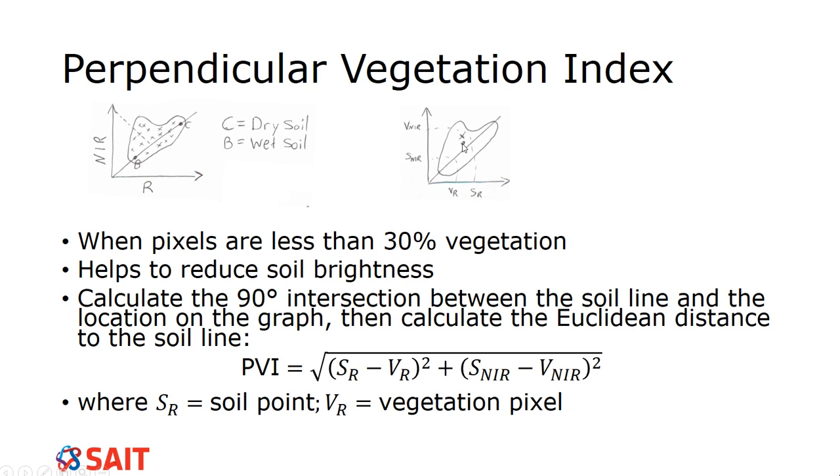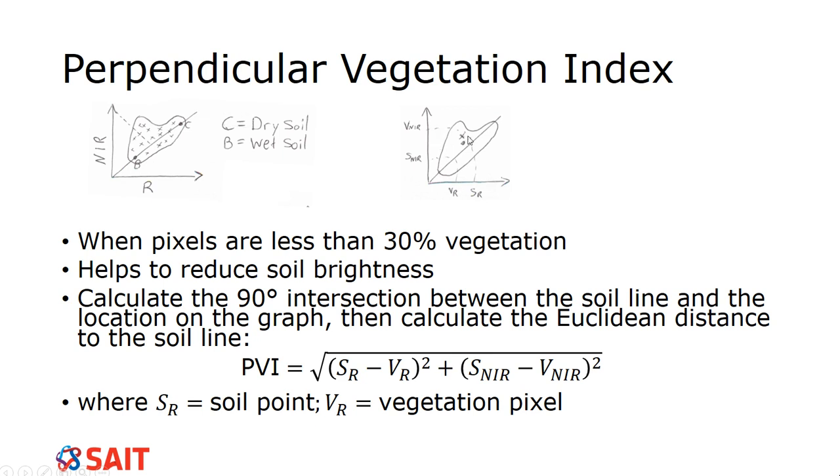And I go down here, and that is my vegetation point for this pixel. So that's what the V stands for. It's the original location on the graph. And then my soil line, which is my S, so if I draw that perpendicular line down to the soil, I'm trying to find out where that point is. So here I have my soil point in the near infrared, and then I do the same in the red. So that's what's happening there.